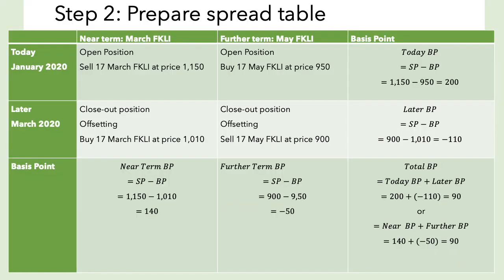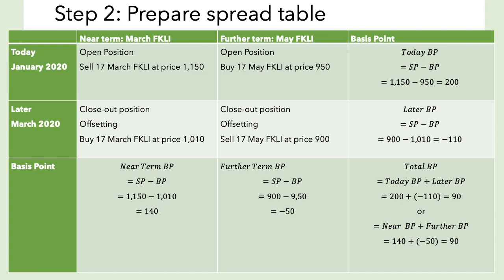So first step, choose your spread strategy. Your market prediction is bearish, so we use bear spread strategy. So we have two types of contract here, March and May FKLI. So near-term contract is March FKLI, further-term futures is May FKLI. Then you prepare the spread table. Okay, near-term you need to sell, further-term, which is May, you need to buy today. Then you close out, take opposite position.